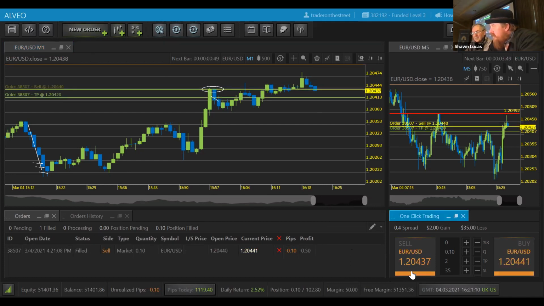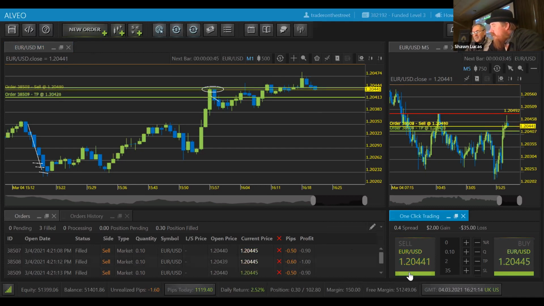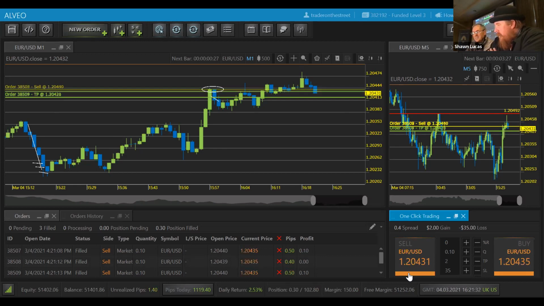Yeah, that's good actually. Go ahead and add a couple more. See if we get a little bit of momentum to the downside here. What I like is those targets are coming up on the highs. Remember that used to be a trigger for the longs. Now it's going to be a support for the shorts. So very good.